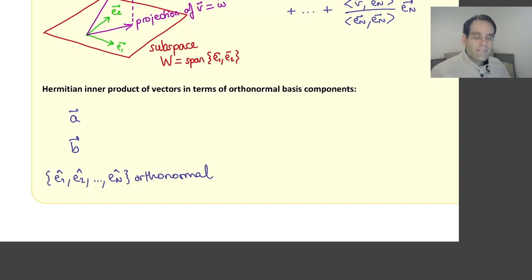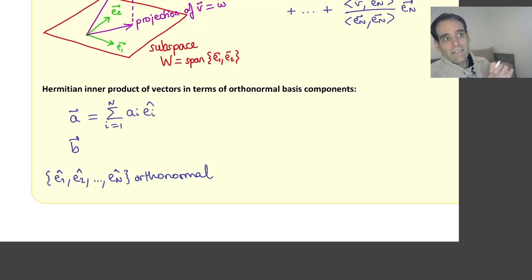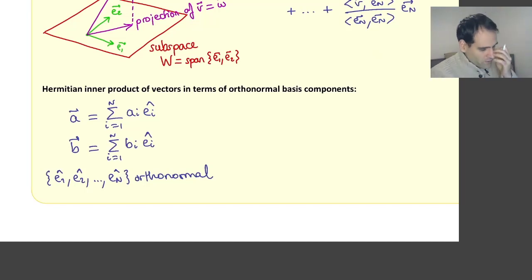So what this means is that vector A can be written as a linear combination of n coefficients times the n basis vectors, right? And those are the coefficients of vector A. Well, vector B can be written as a sum of coefficients bi, which are in general different. So we can write the vectors as a linear combination of the basis vectors.